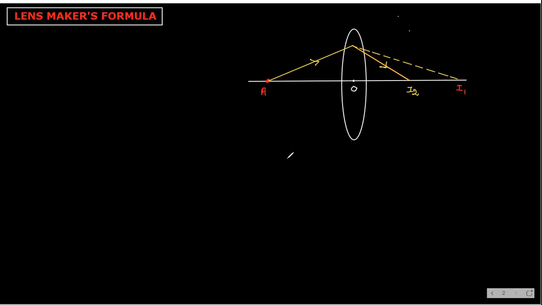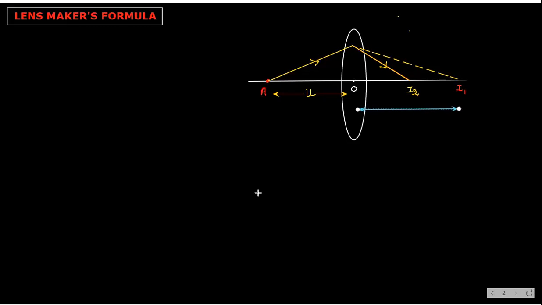Now this OA, this one is the object distance, and I'm denoting it with U. What is this distance? U. Right? And now whatever I1 you got, I am taking that distance as phi1.